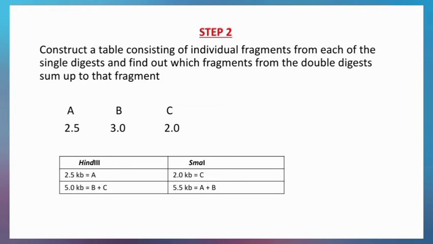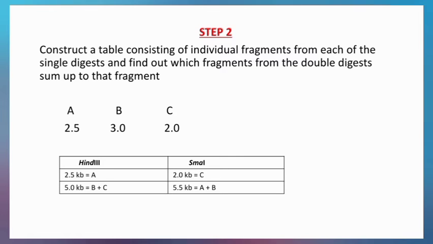Now let's move on to the digestion by Sma 1. For Sma 1 digestion, we have 2 fragments, 2.0 and 5.5. The 2.0 fragment we can straightforwardly get from the double digestion. For the double digestion, we assigned the letter C to the 2.0 fragment.